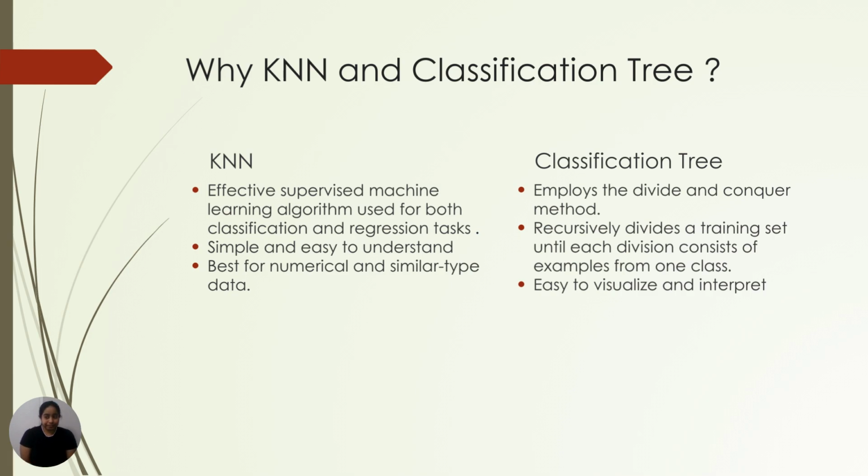The classification tree algorithm is easy to visualize and interpret, and it works well with both numerical and categorical variables, that is, both continuous and categorical variables.